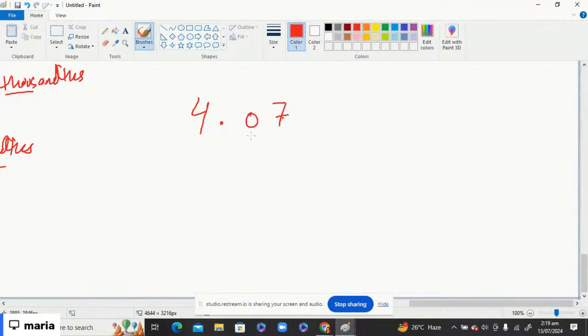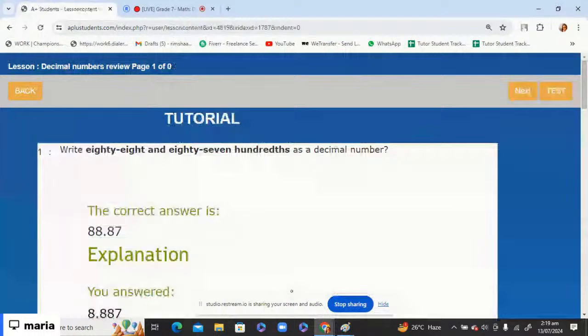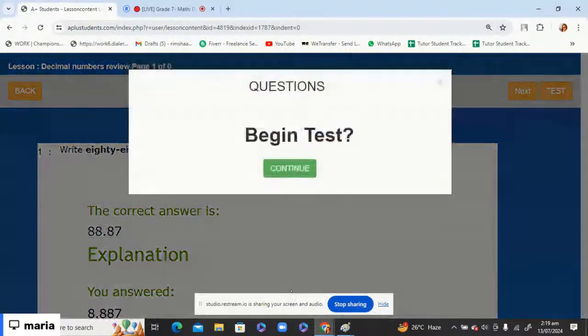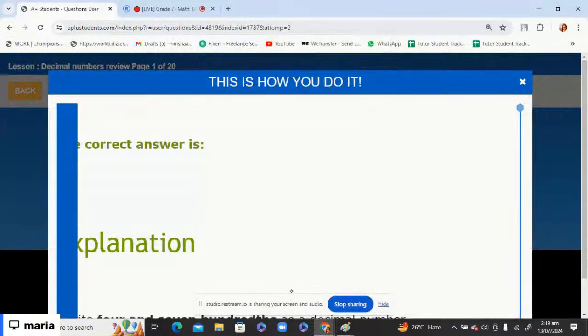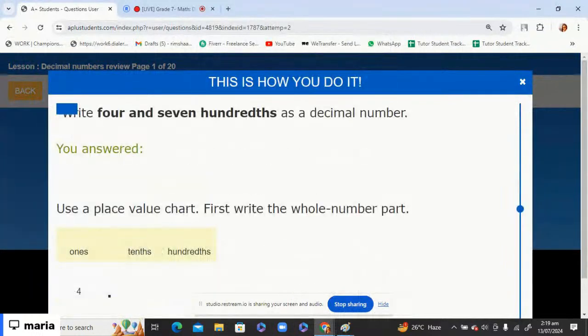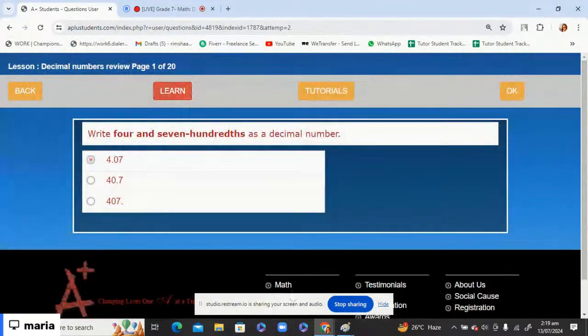This is the tenths place and that is the hundredths place. Okay, I already solved it. It is 4.07.